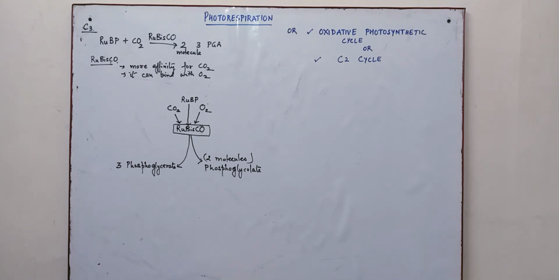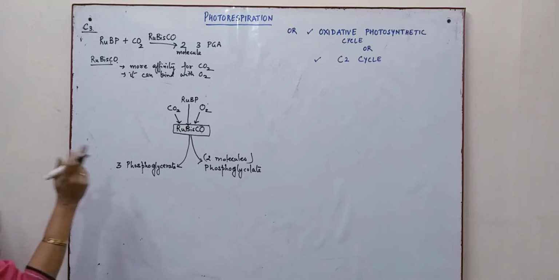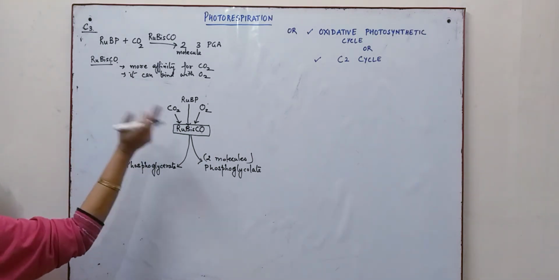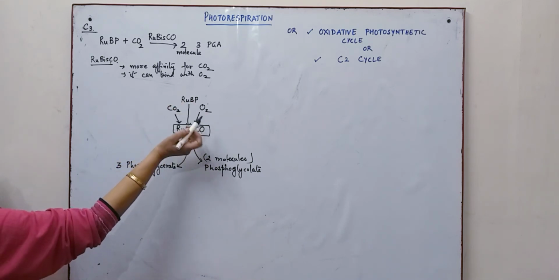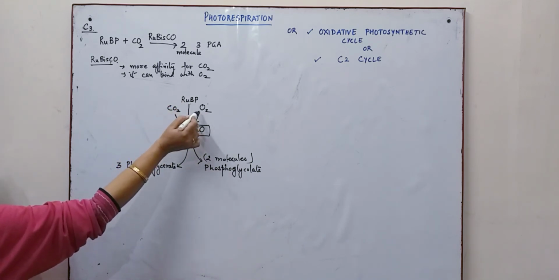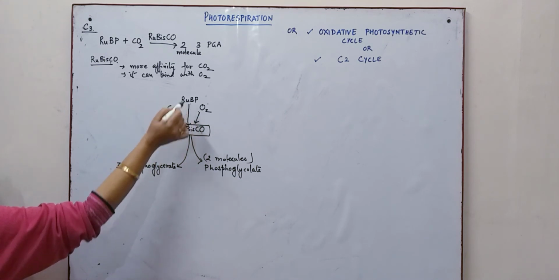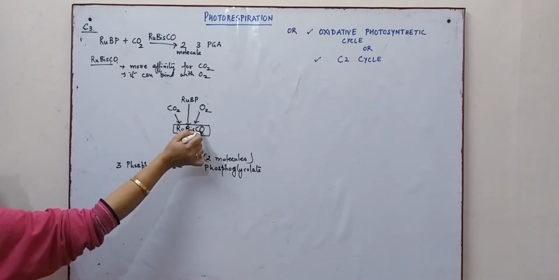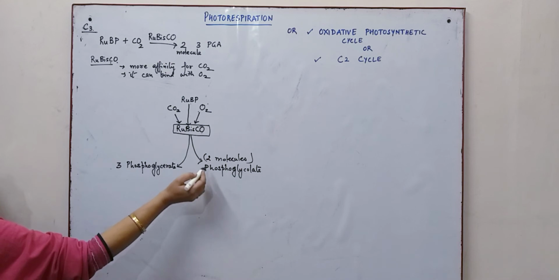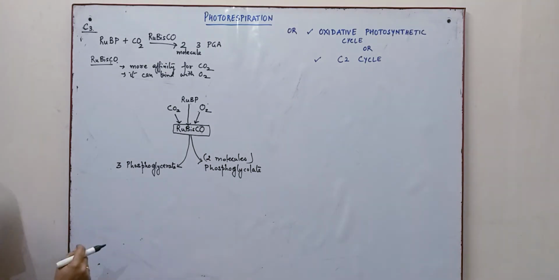It can combine with oxygen or it can combine with carbon dioxide. So in C3 plants, sometimes the RuBP is made to combine with oxygen. That means Rubisco is functioning as an oxygenase over here, and as a result, two molecules of phosphoglycolate are produced.